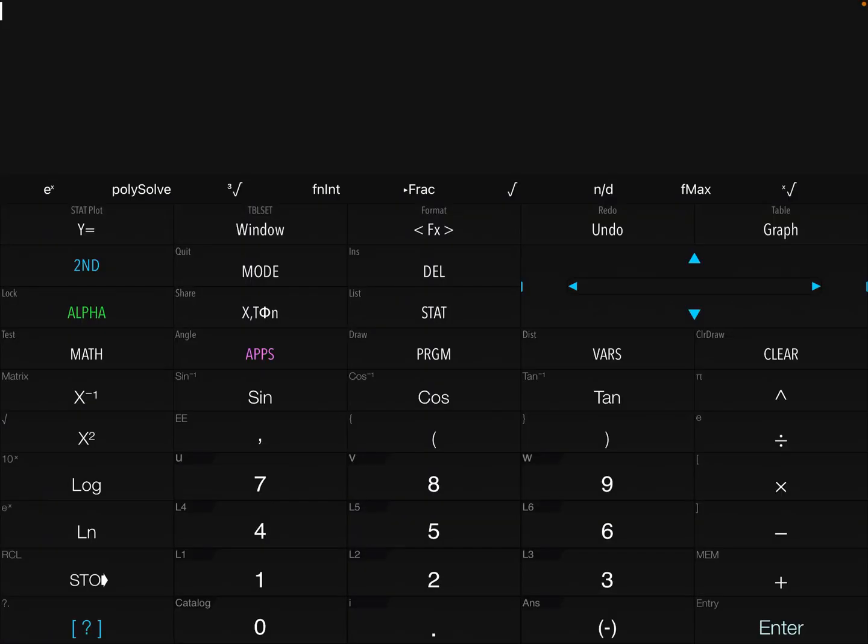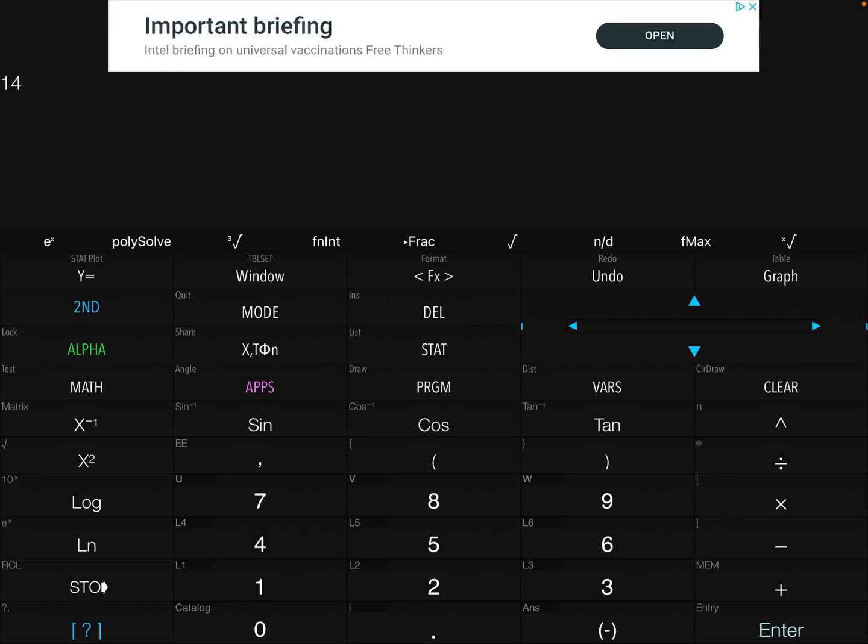Okay, 14 times square root of 2, and then plus 2 over 3? I think it was that, right? I hope I typed in the right thing. Okay, I got 20.47 miles. I don't trust myself.